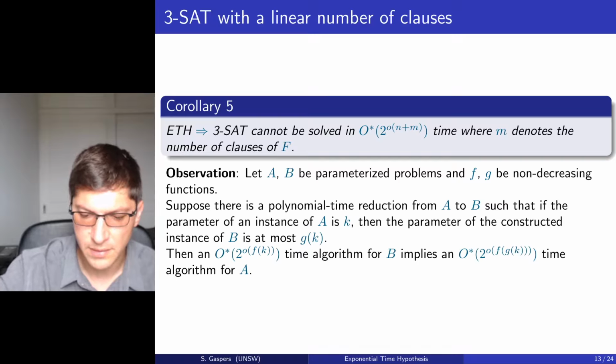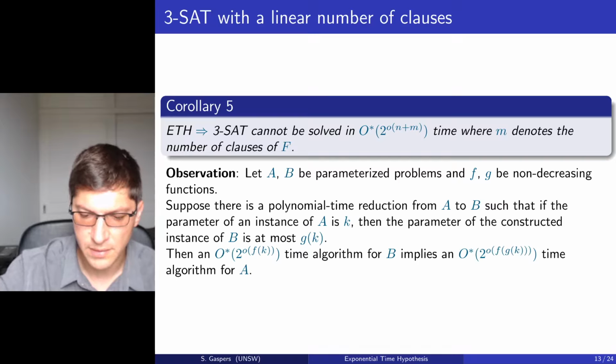Okay, so we need to have such a Turing reduction for each epsilon greater than 0. And since we have such a reduction for each epsilon greater than 0, it's called a reduction family, such that for every instance I for A with parameter k, the running time is O star of 2 to the power epsilon times k.